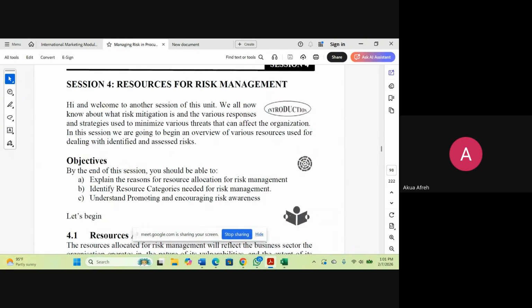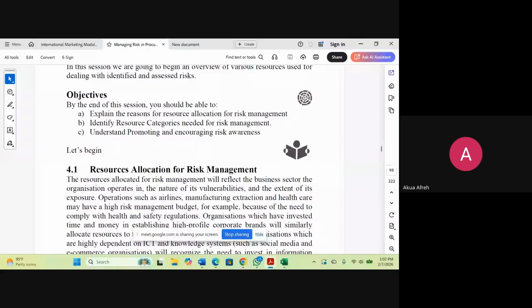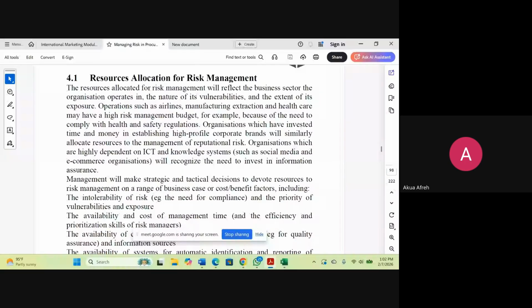Talking about risk management, we need resources to manage them. There is a need for us to talk about risk allocation.